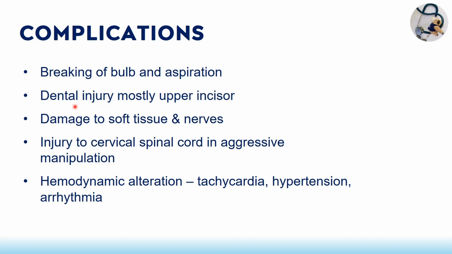There might be dental injuries, mostly in the upper incisor, especially when the intubation is being done by the inexperienced hand. And another is damage to the soft tissue and nerves. If you are not delicate, then the injury might occur. Then injury to cervical spinal cord if the procedure or maneuver is aggressive. And there might be hemodynamic alteration like tachycardia, hypertension or arrhythmias can occur.